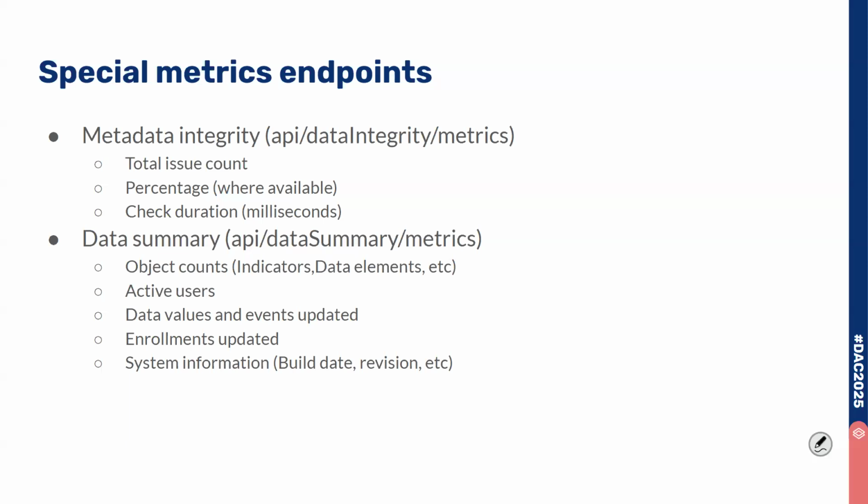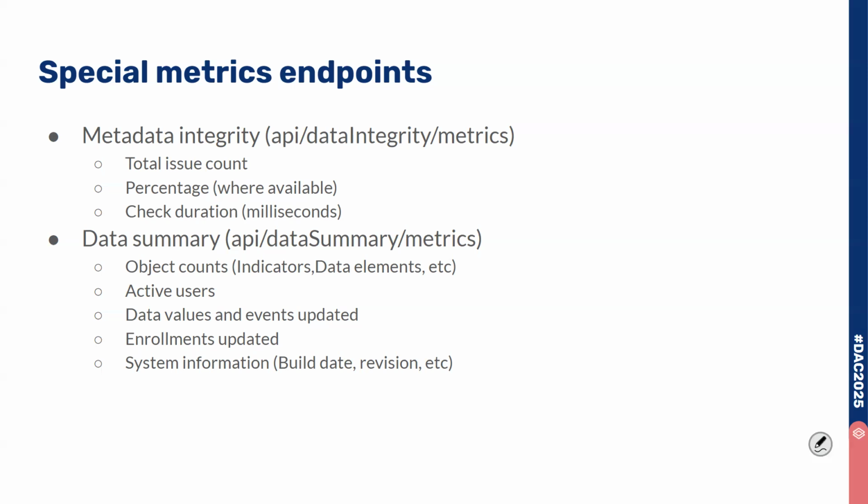It understands the format more or less. And these you might only want to collect once a day to say, okay, what is the current state of my metadata integrity in the system? You don't want to do that every 15 minutes or every 15 seconds, but maybe once a day and say, okay, I had 500 validation rules or 500 organization units with trailing spaces yesterday. I did some stuff and I've got 200 today. And from that, you can use Grafana and Prometheus to track the evolution of the system over time.